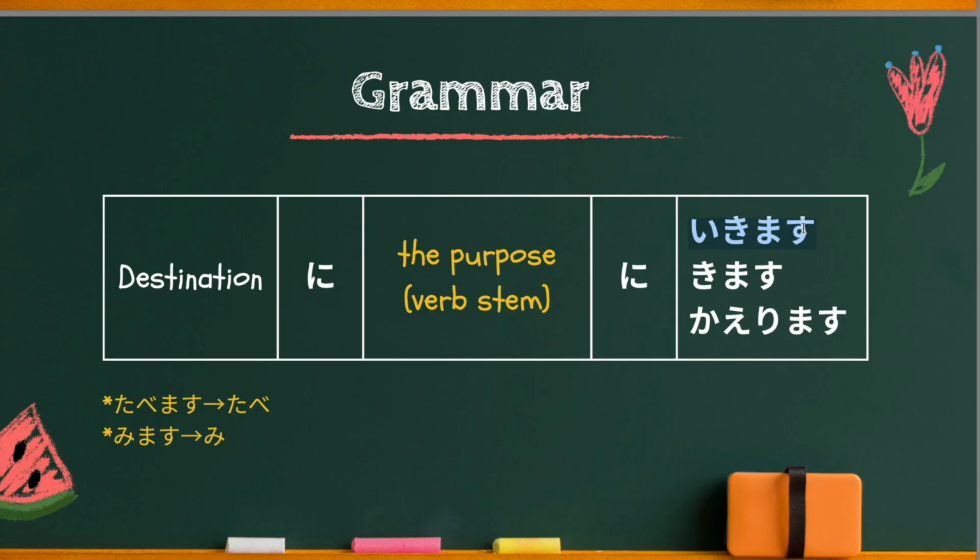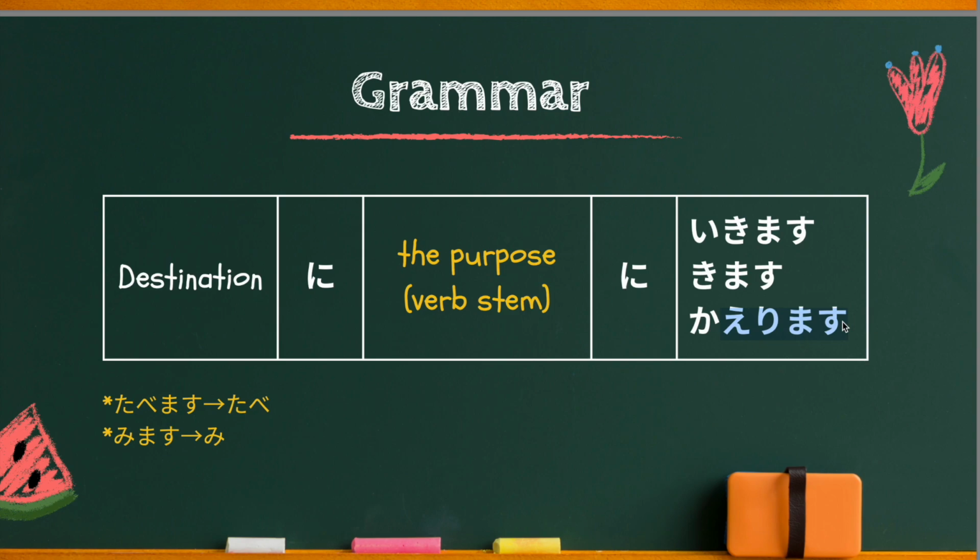If the sentence is I'm going home to take a shower, then to take a shower, that's the purpose. And I'm going home, that's the verb. Therefore, you need to use 帰ります in that context.